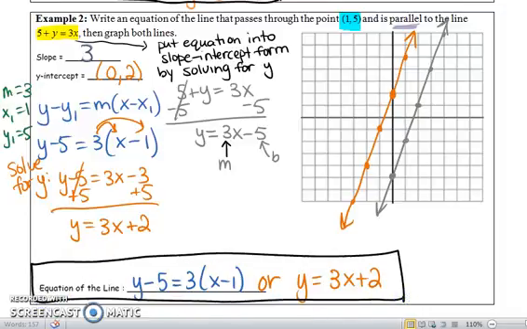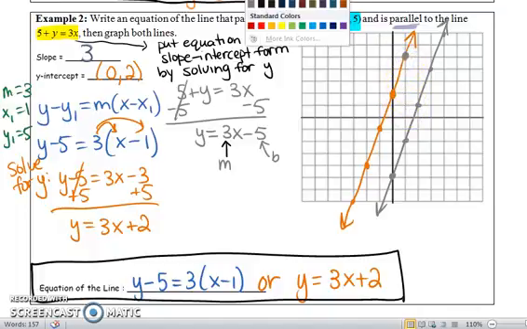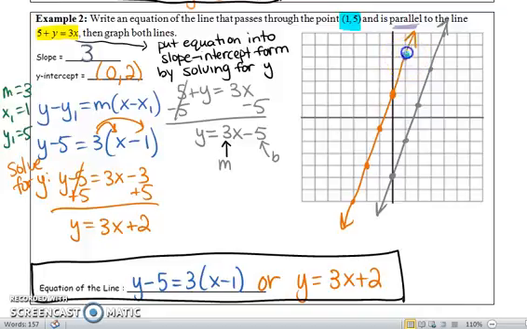If you want to check the point (1, 5), 1, 1, 2, 3, 4, 5, it's right here. So the line does go through the point that was given to me, and it's parallel to the line that was also given. So that covers writing equations of parallel lines.